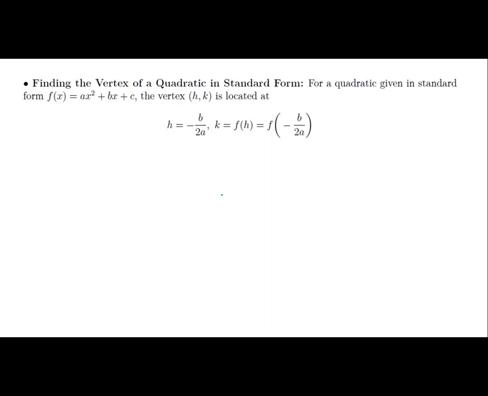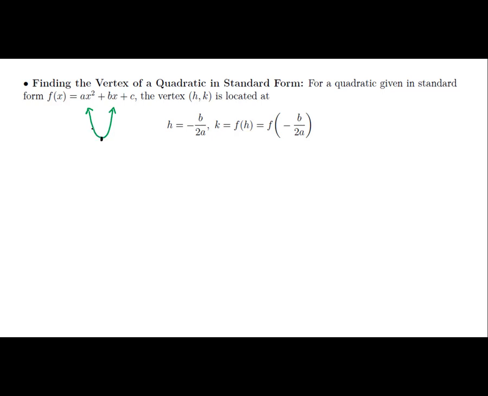Okay. And the reason this works, by the way, actually has everything to do with the symmetry that we've just been talking about. So if I have a parabola, and that parabola has a vertex right here, well, of course, the parabola has a vertex.